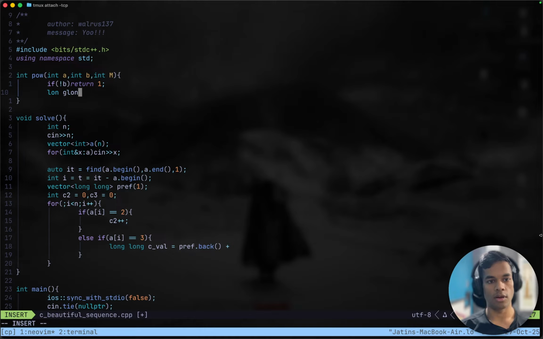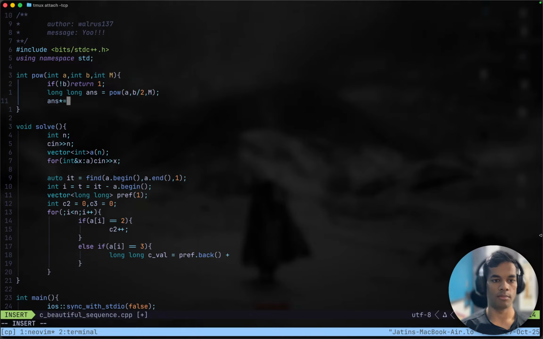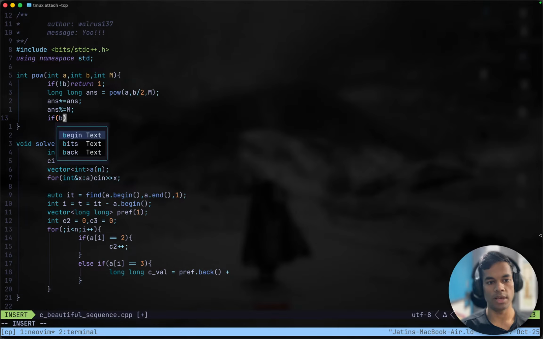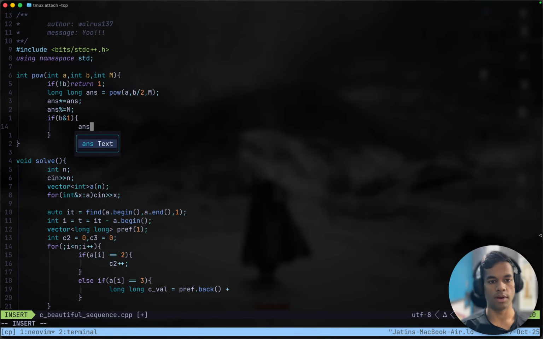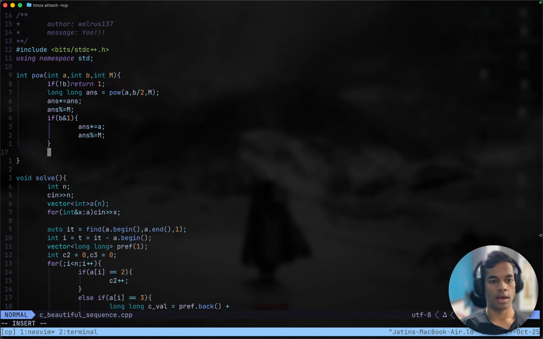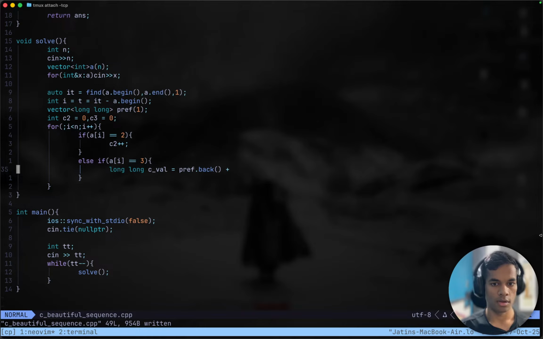Otherwise, we will say long answer equals power of a raised to the power of b by 2 with m as the modulus, and answer multiplied by equal to answer, and answer will take modulus with m, and if b was odd then we will multiply answer by a, and also take modulus just in case, and return answer from our modulus function. Right, makes sense.